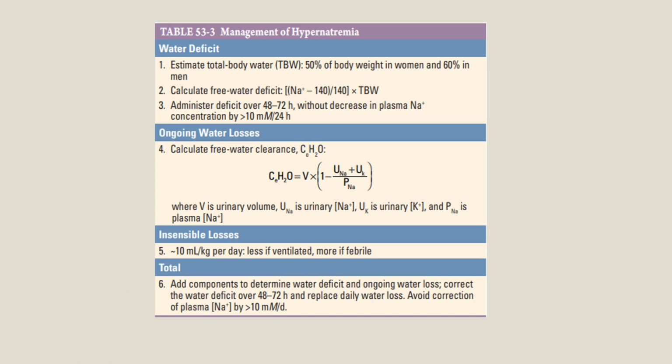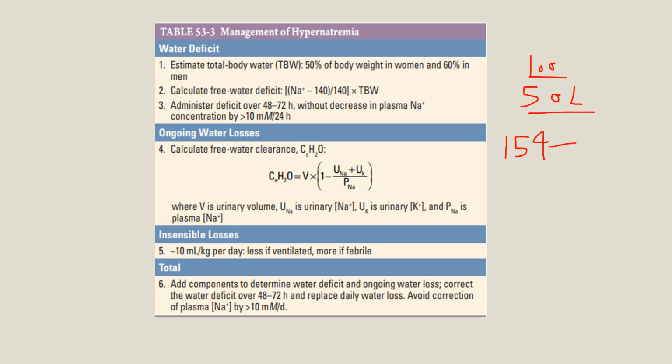So for example, let's say we have a woman whose body weight is 100 kilograms, so she has a total body water of 50 liters in the normal state, and here her sodium level is 154.